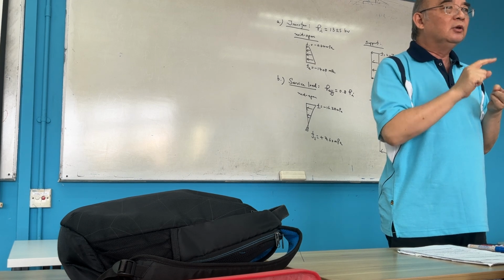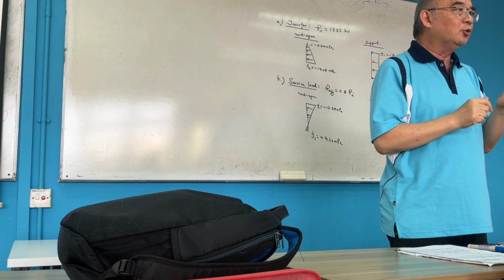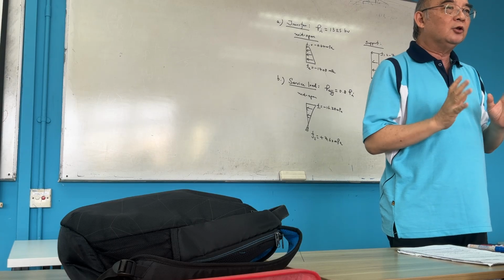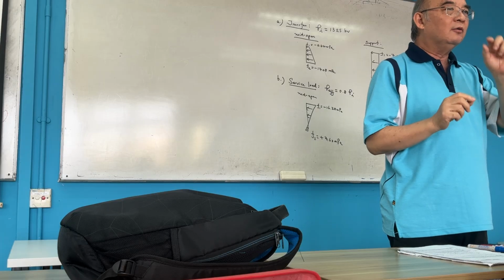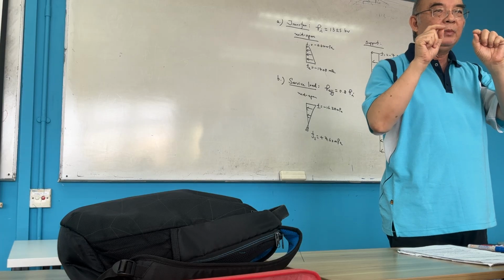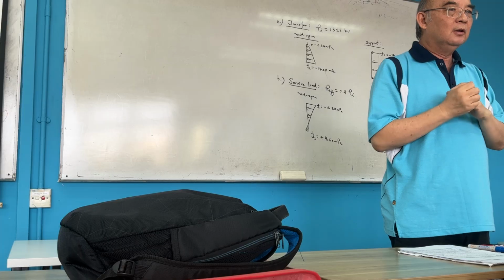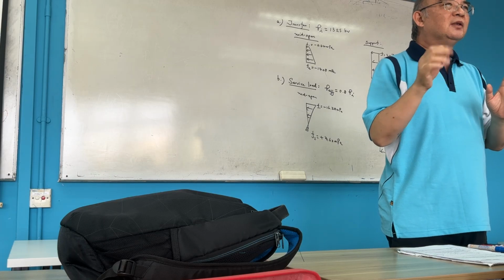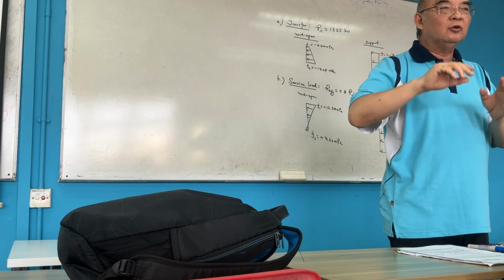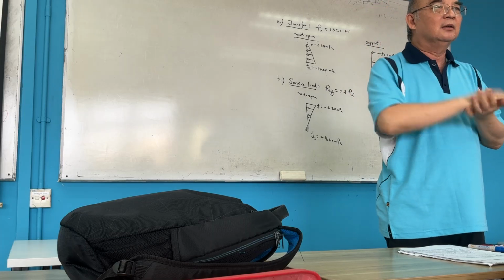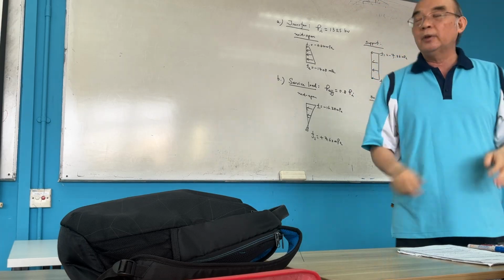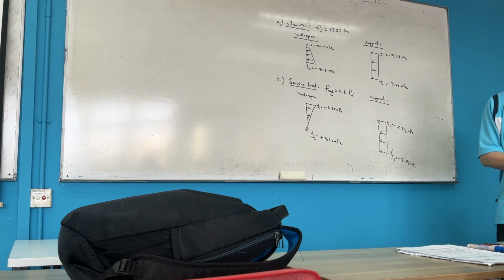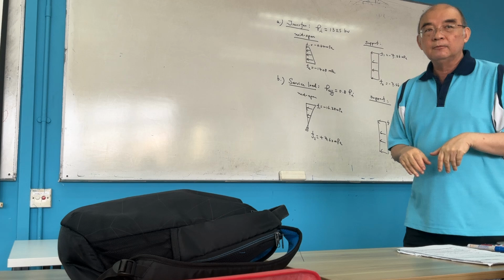You just make sure that you calculate S1 and S2 correctly. Make sure that your S1, S2 is in the form of a number multiplied by 10 to the 6. If it is 2.7 times 10 to the 7, you change it to 27 times 10 to the 6, so that we can cancel out the 10 to the 6.